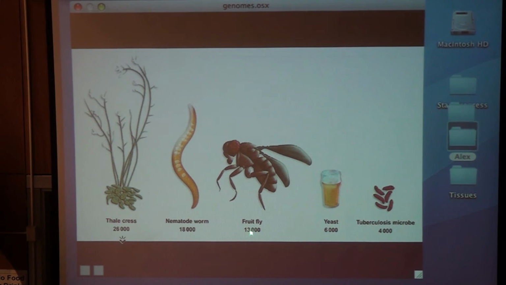Insects like fruit flies, about 13,000, 18,000 for a nematode worm, which is a very small worm. Plants, in many cases, have more genes than we do, which I found a little bit insulting at first, but then I remembered that plants have to do photosynthesis and we don't, so they need a whole bunch of extra genes that we don't have.